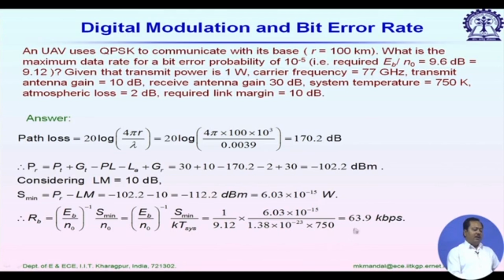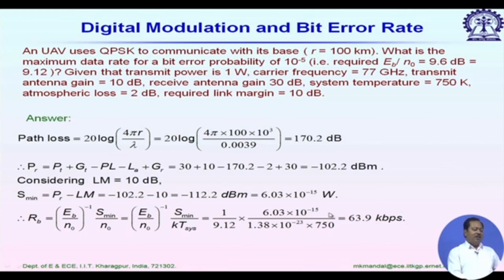Then this figure as a whole is coming to 63.9 kbps. Even at 77 gigahertz, for this given transmit power, if we need to maintain all this required link margin, let us say 10 dB, and if we consider all these values, then the maximum data rate you see is just 63.9 kbps.